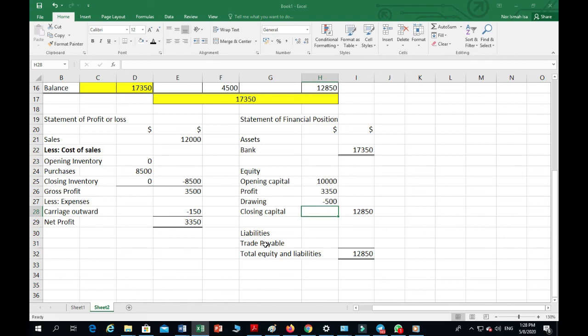For the liabilities, there is only trade payable, and the amount of trade payable is 4,500. So we get that the total equity and liability is 17,350, which is similar to the total asset, 17,350.